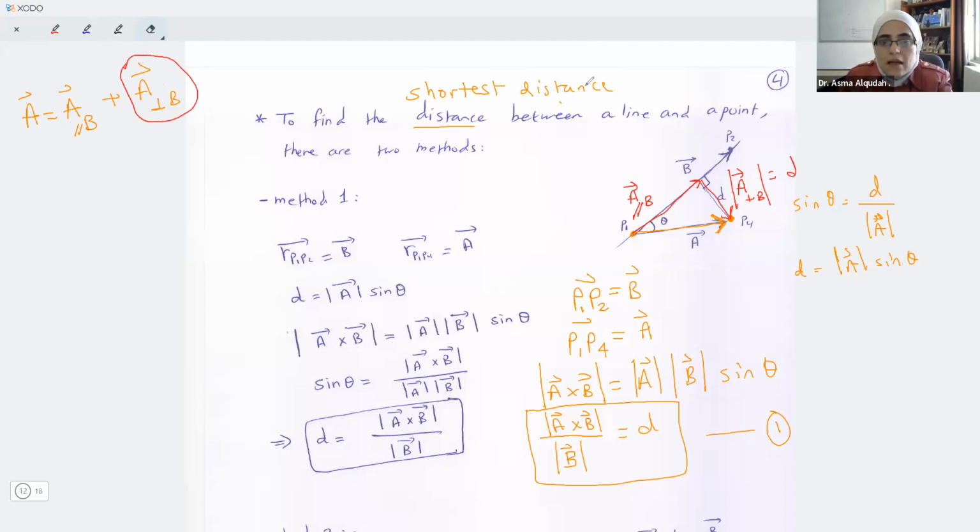So we say that the perpendicular component to B is equal to A minus its projection onto B. Okay, the projection of A onto B, we know that.